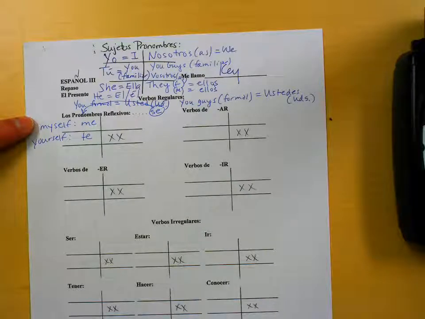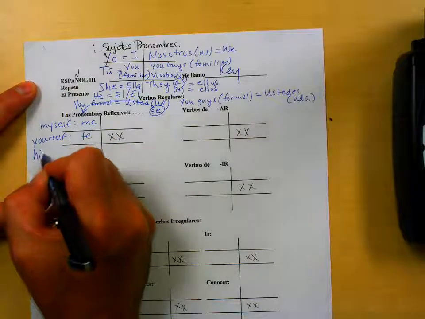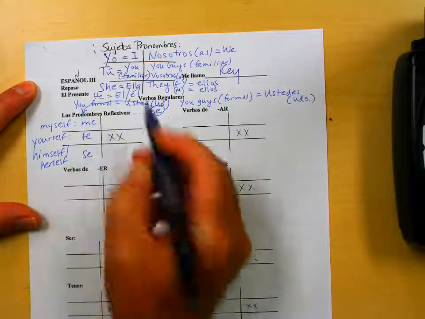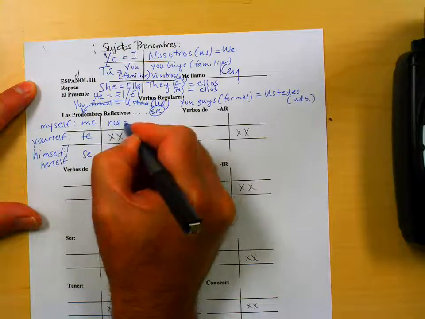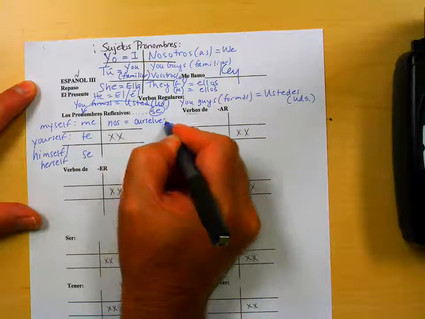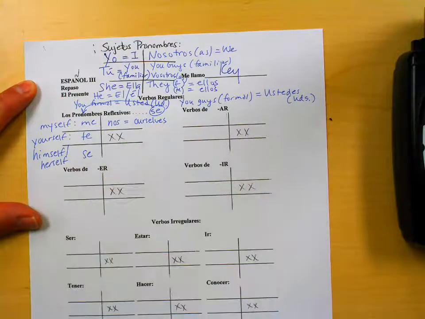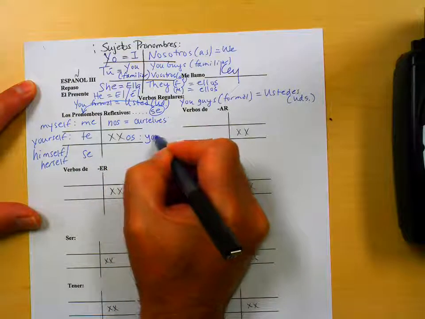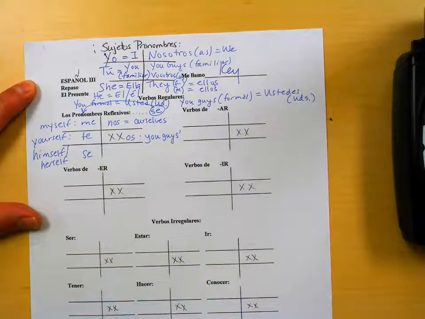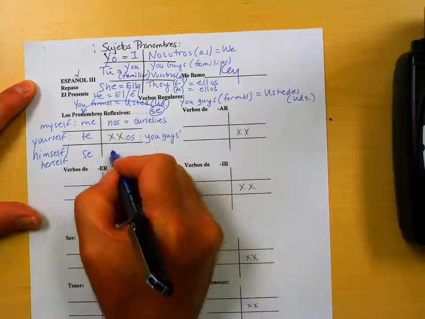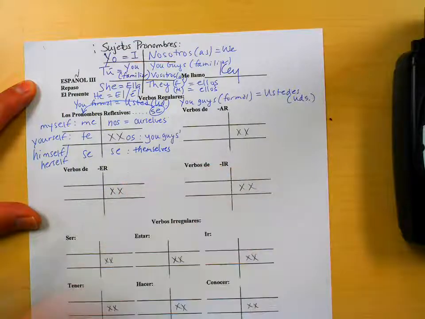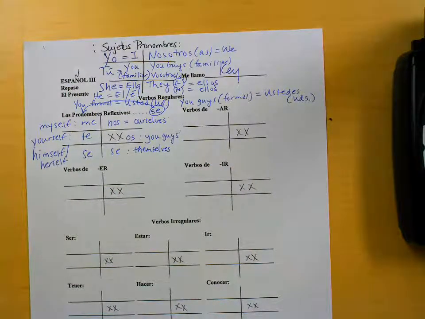I call myself what my name is, and then you'd respond. Himself or herself is the same. Nos is ourselves. If you want the vosotros, I'll give it to you. It's os. It's you guys. And themselves is se again. We'll come back and revisit that.